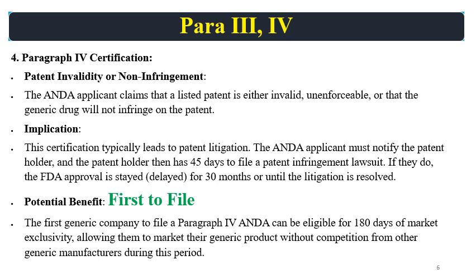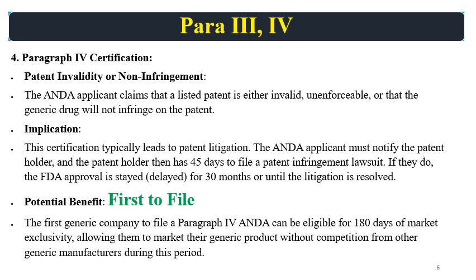The ANDA applicant must notify the patent holder, and the patent holder then has 45 days to file a patent infringement lawsuit against the generic applicant. If the innovator or reference product manufacturer or the patent holder files the patent infringement lawsuit, then the FDA will stay approval for 30 months for the generic applicant.